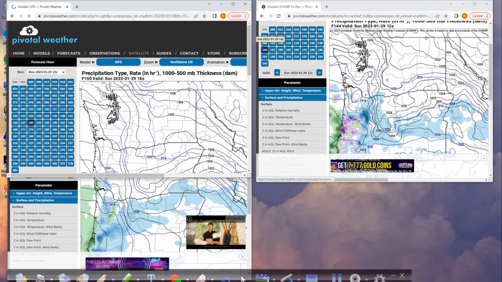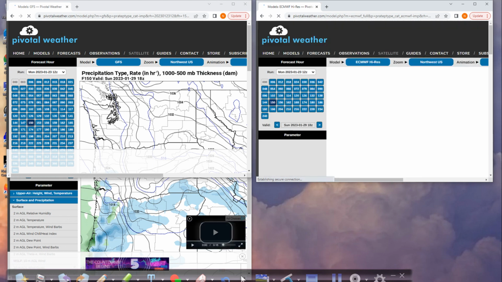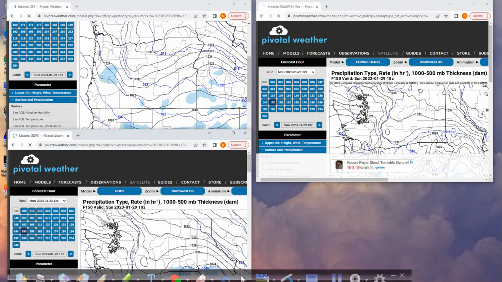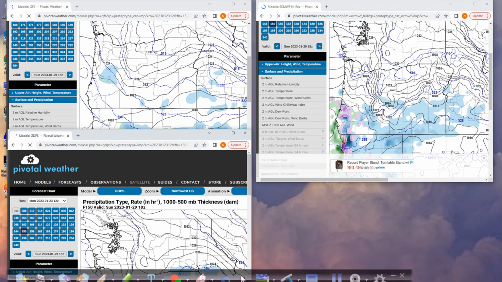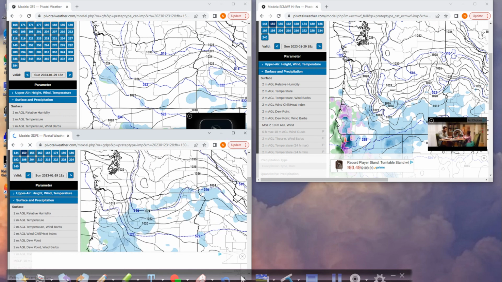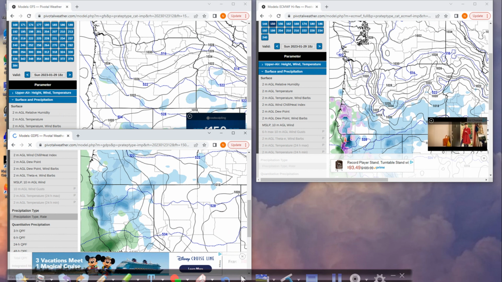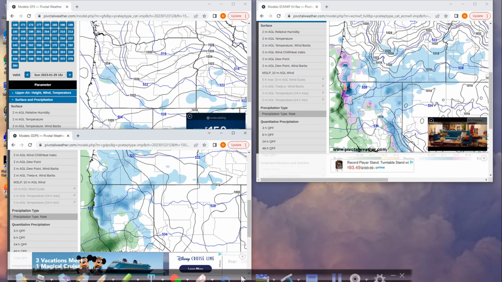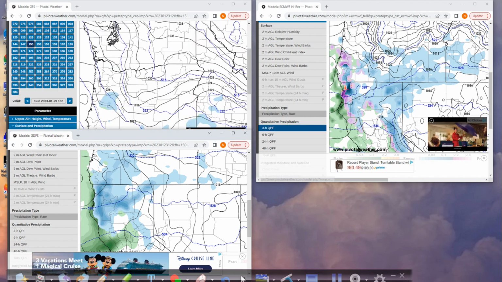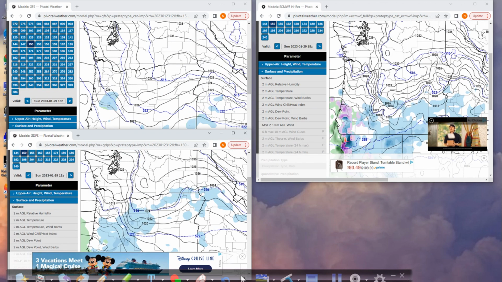Then we get into Sunday, and that low has moved down to the south. So we see on the GFS upper left hand corner, European upper right, and on the Canadian lower left, all that moisture is down to the south. Now the Canadian has some more moisture in California, as is the European, than the U.S. model in the upper right. But by that point, any kind of moisture should be south of us.